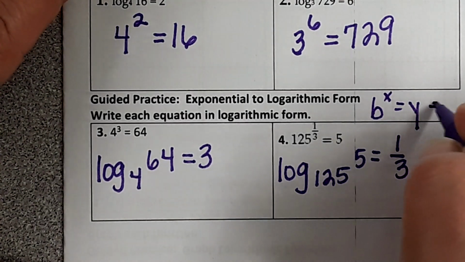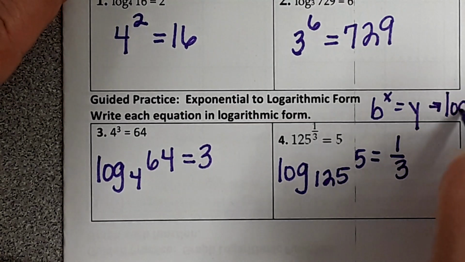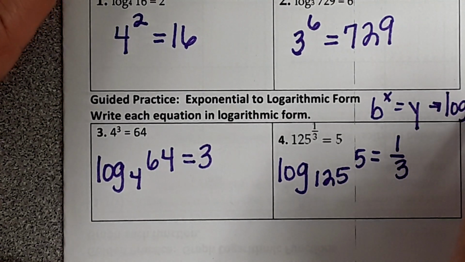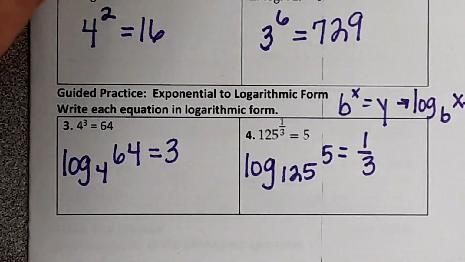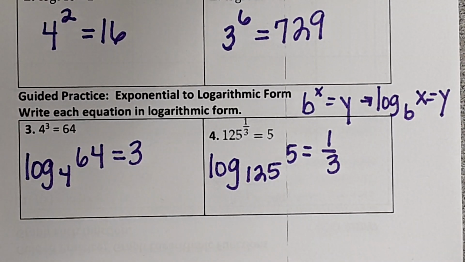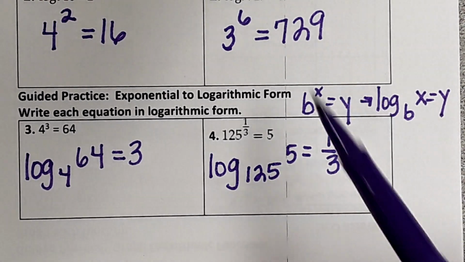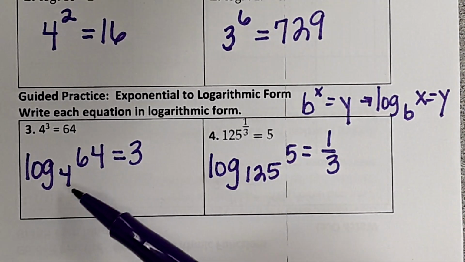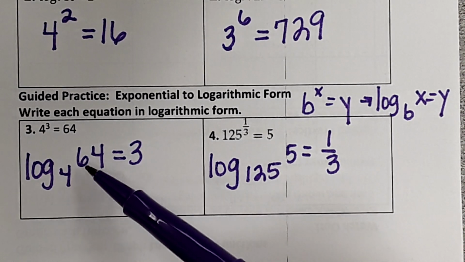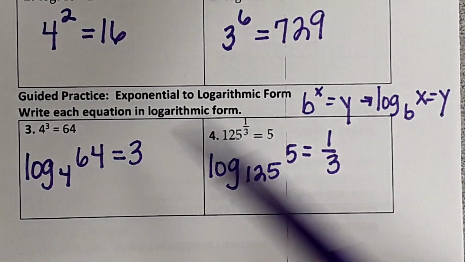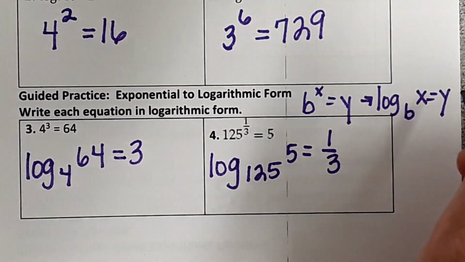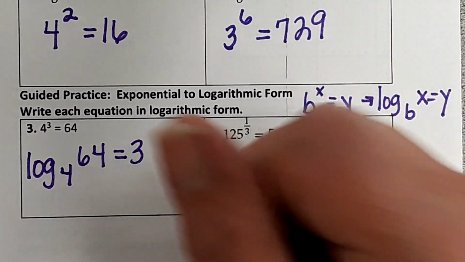So when you write it, it becomes log base b of x equals y. There you go. Which makes sense because b was our base, so that's where the 4 went. 64 was our x, which was over here. I think I'm writing that wrong, but I know that's right.